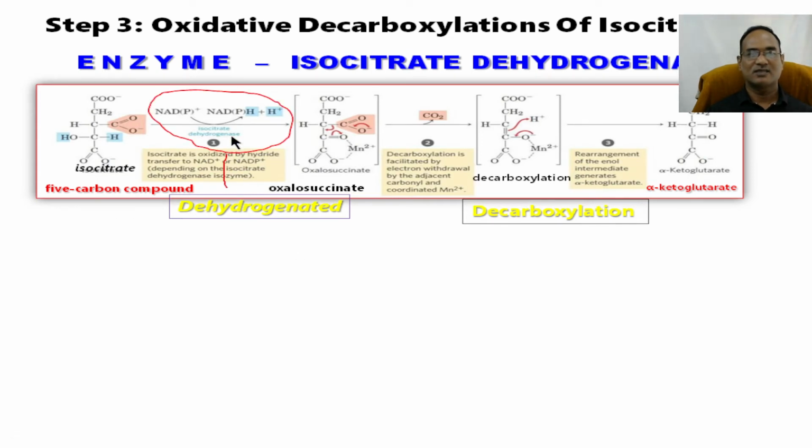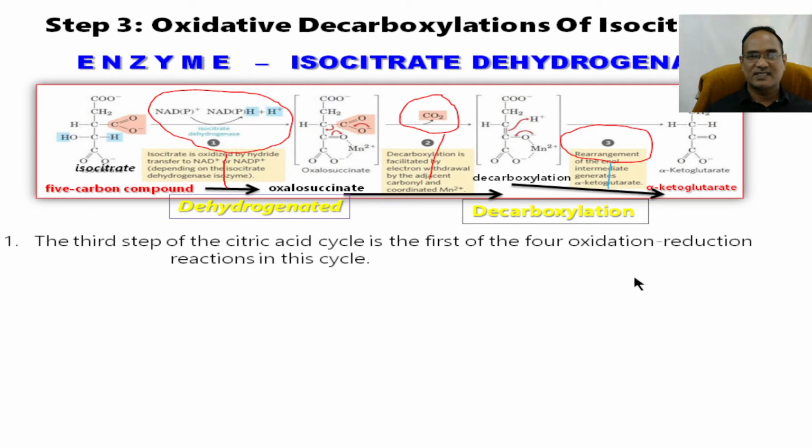In this process, we are removing one hydrogen, and we are removing carbon dioxide. This is done with the help of isocitrate dehydrogenase only. This is the formation of ketoglutarate from isocitrate.